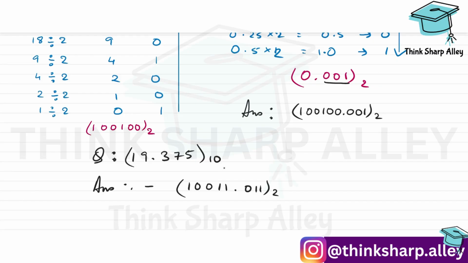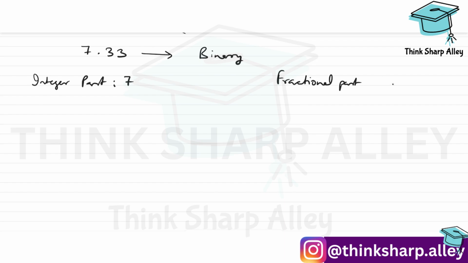Let's say we want to convert 7.33 to binary. Now here we have two parts, the integer part, which is 7, and the fractional part, which is 0.33.